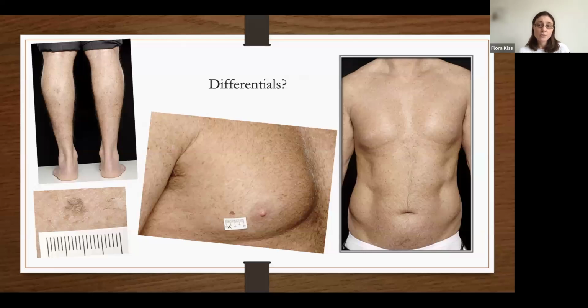For example, in bath PUVA, the psoralen is added to bath water, or there can be PUVA gel or liquid, which is just used for hands and feet, for example. And then once the psoralen is either applied topically or ingested by the patient, UVA phototherapy is used in combination.